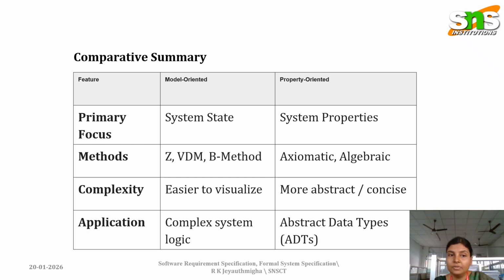The comparative summary of the model-oriented approach and property-oriented approach is given here. The primary focus of the model-oriented approach is the system state, whereas the property-oriented approach is system properties. The methods of the model-oriented approach are Z method, VDM method, and B method, and property-oriented includes the axiomatic and algebraic specifications.